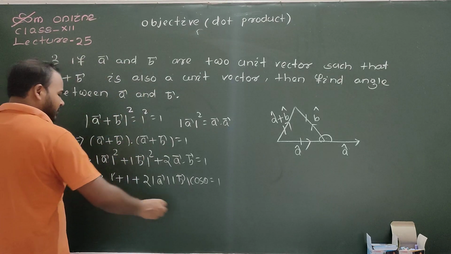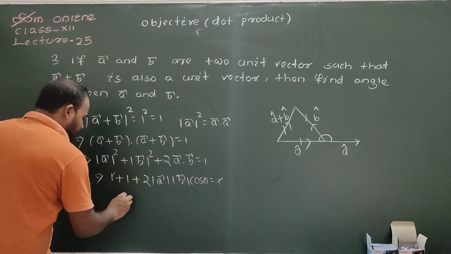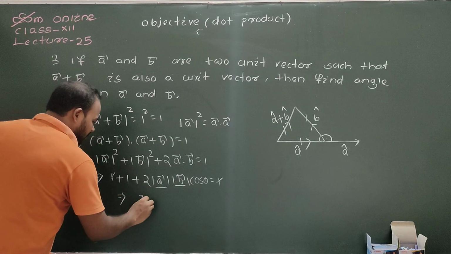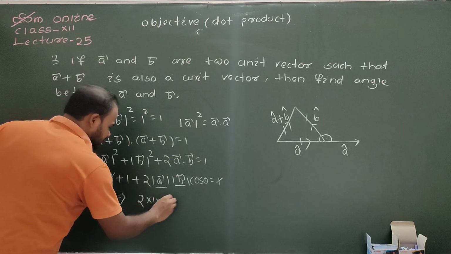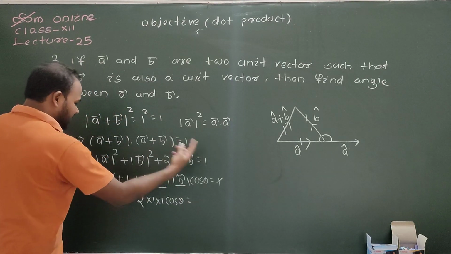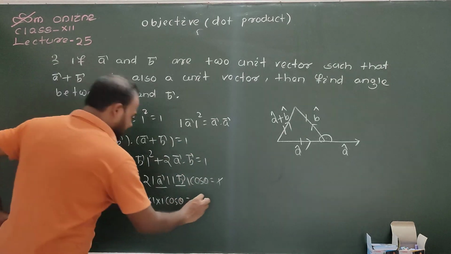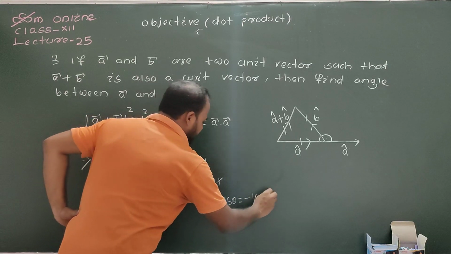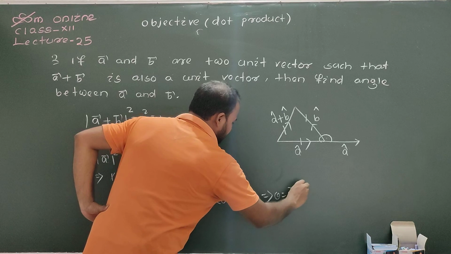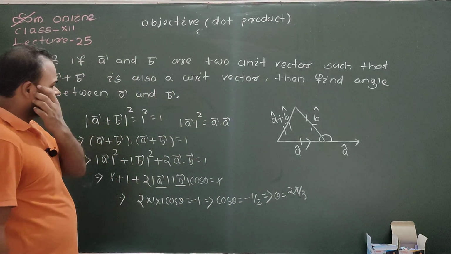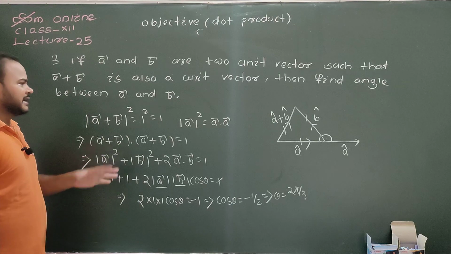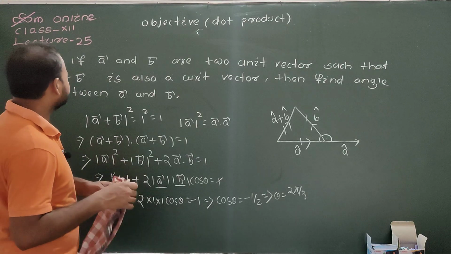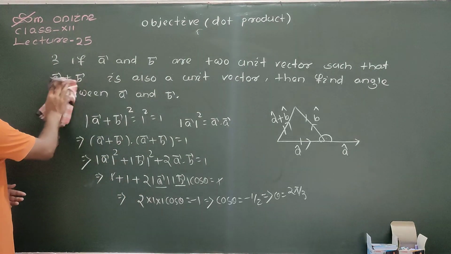So 1 and 1 cancel, and 2 into 1 into 1 into cos theta equals 1 on the right side will become minus 1. So cos theta equals minus half, which implies theta equals 2 pi upon 3. It is the answer: the angle between vector A and vector B is 2 pi upon 3. This is question number 2. Now move to question number 3.